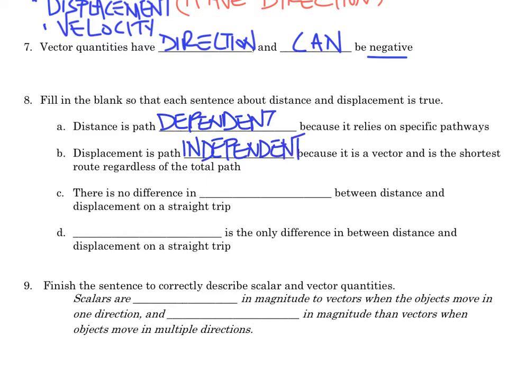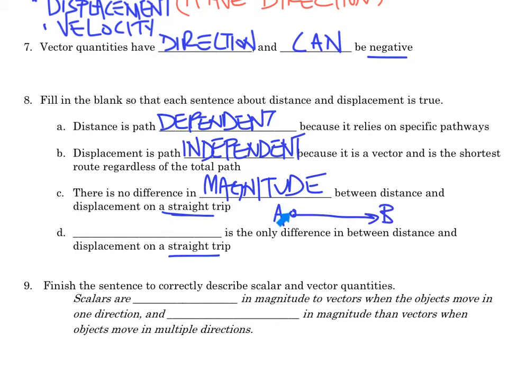Now, there is no difference in magnitude between distance and displacement on a straight trip. So anytime, if I start here at A and I travel here to B, let's say for example, from A to B is 2 meters, then I traveled a distance of 2 meters.